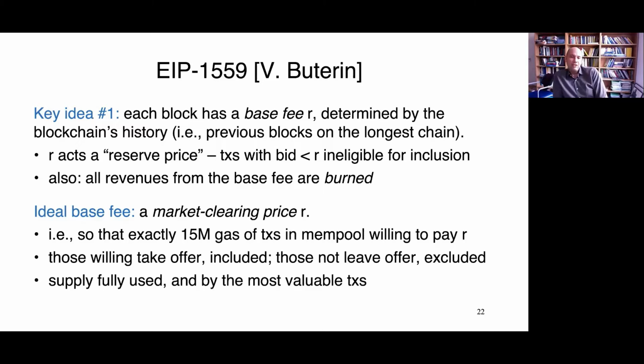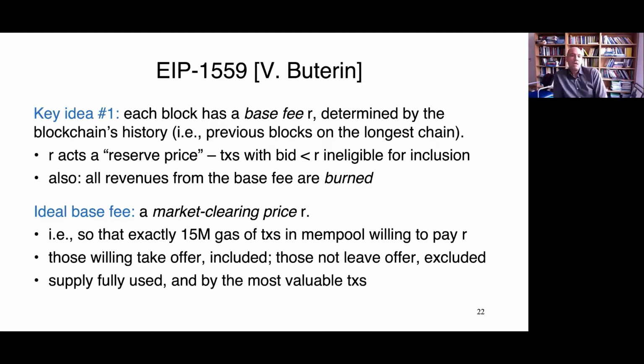So the ideal reserve price would be a market clearing price, where exactly 15 million gas worth of transactions is willing to pay it, nothing more, nothing less. Then your scarce resource would be fully allocated to the most valuable transactions, exactly the transactions that were willing to pay your reserve price.